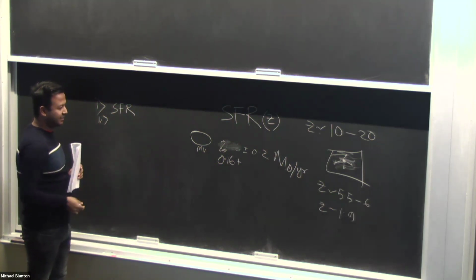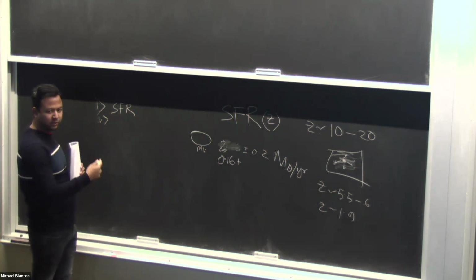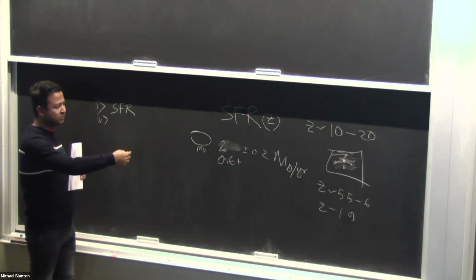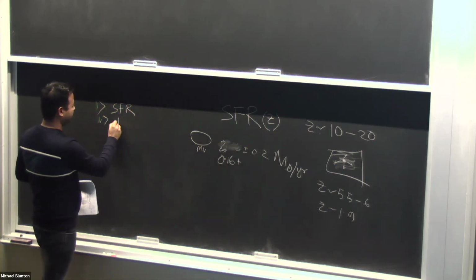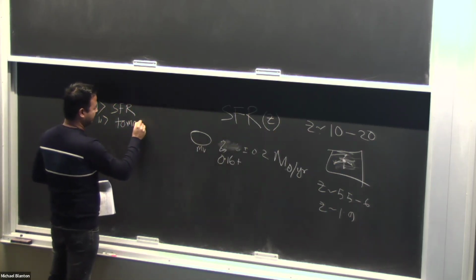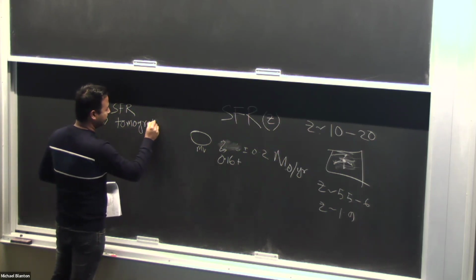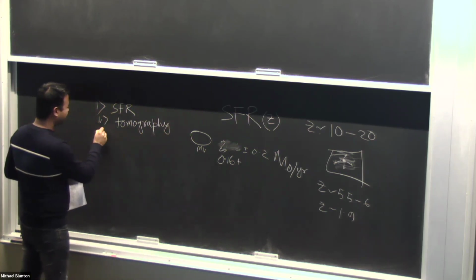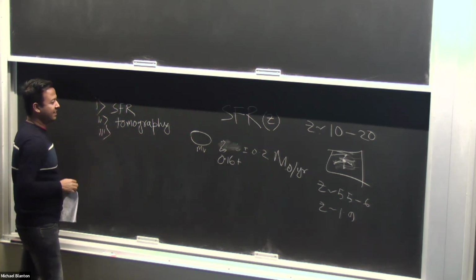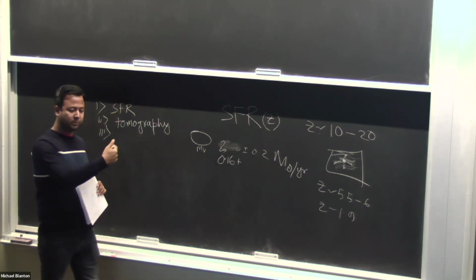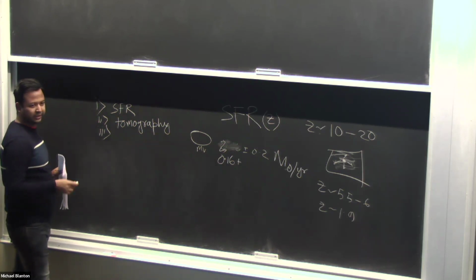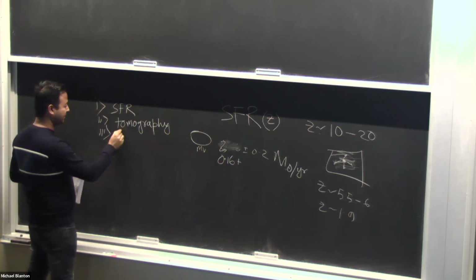Second, it should be able to do tomography of the universe so that I can capture the evolution. Third, as we are probing the large scale structure, this probe should be able to give us cosmological information.